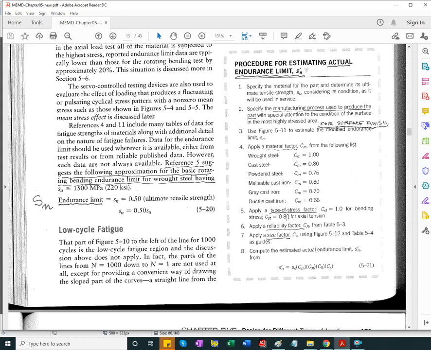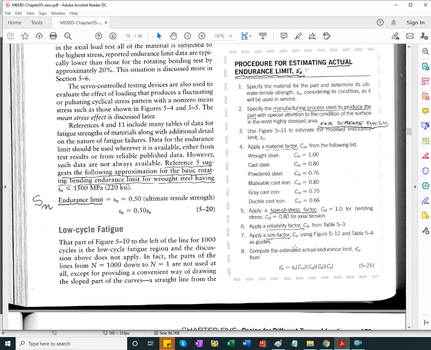Because in tension, all points in the material over the cross section experience the same amount of stress, and even internal imperfections can initiate the crack, versus bending, where it's the outer skin that is stressed most, and as you move to the center of the part that is reverse bent, the stress is less. So a defect right in the middle of the part, theoretically, may not initiate a fatigue crack.